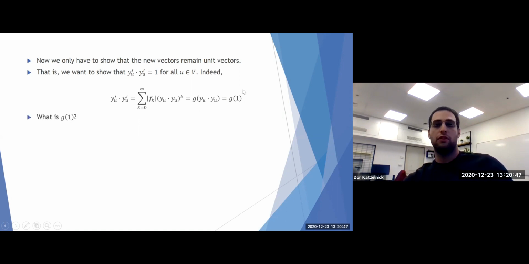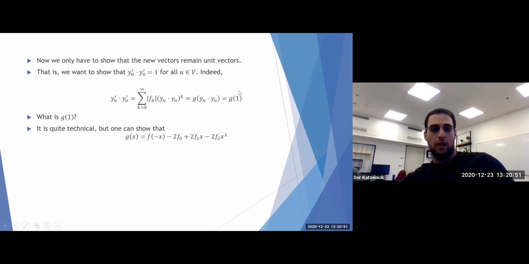Okay, so what is G of 1? We can show, which is quite technical, that the function G of x is exactly this function, f of minus x minus this part. Again, f0, f1, f2 are the coefficients of the Taylor expansion of f.